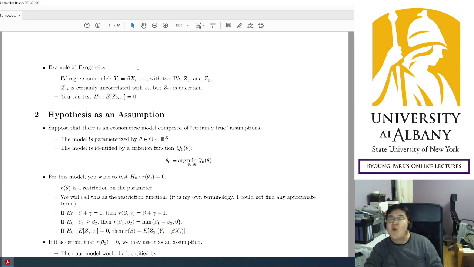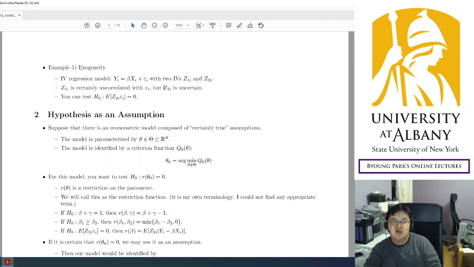It's interesting. What we want to do here is, say, a regression where x is endogenous. You have two instruments, z1 and z2. And I know that z1 is a good instrument, but z2 may not be.